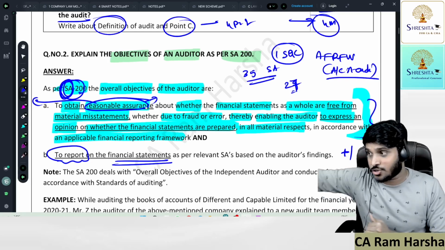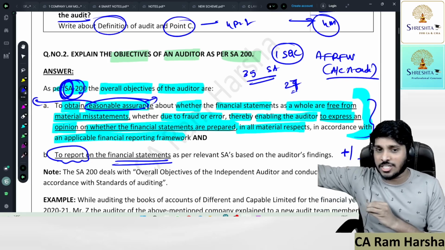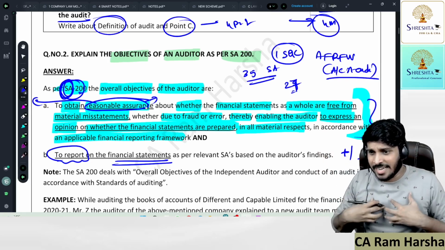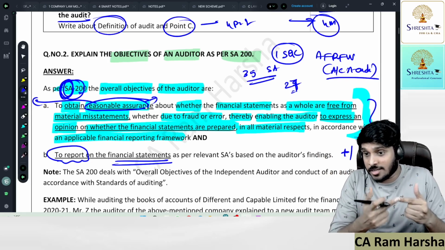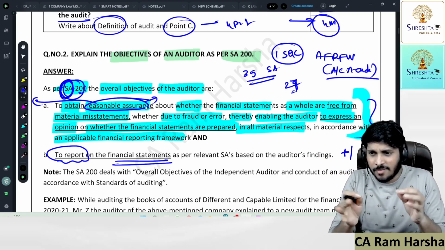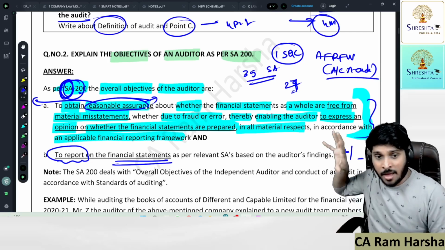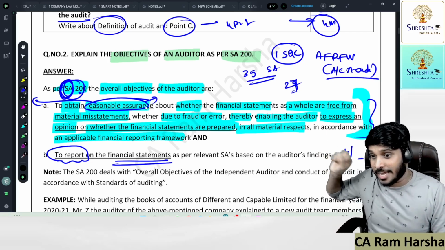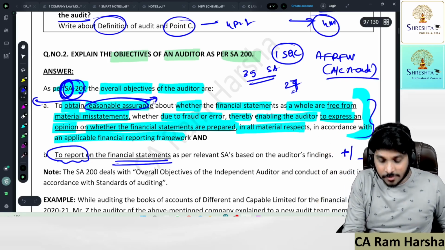Shareholders, traders, the stock market, analysts are trusting the numbers. Indirectly, are we giving them confidence? The purpose is a degree of confidence. Just now I spoke: the audit will enhance the degree of confidence. Confidence increases means am I giving assurance or not? Assurance means giving them confidence. So the auditor will give some assurance.